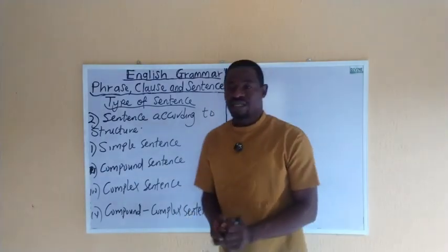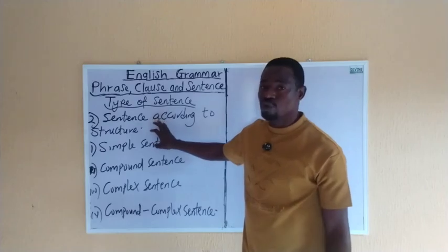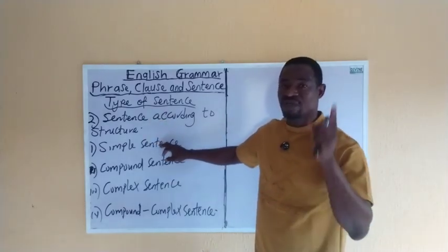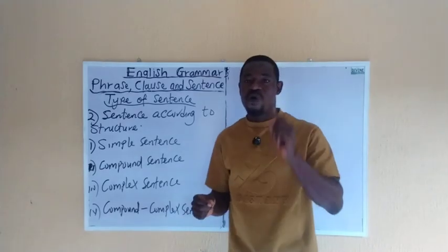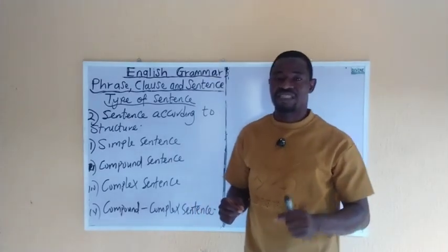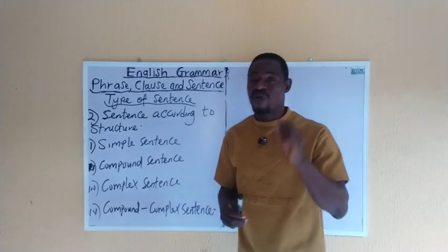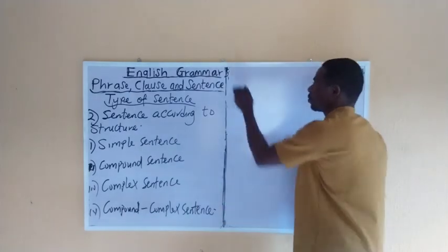We're going to take each of these types of sentence according to structure one after the other, beginning with the simple sentence. A simple sentence consists of one independent clause. We already know what an independent clause is. An independent clause is that clause that can stand on its own. Examples of simple sentence include: 1.